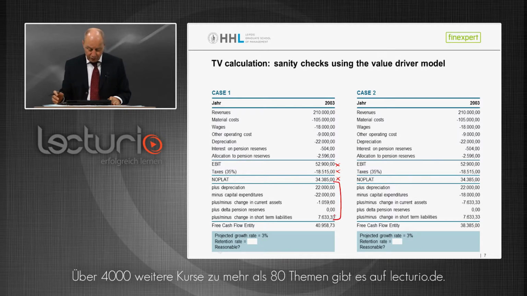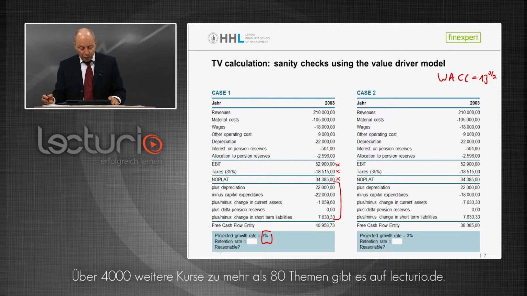You see that this is the way from NOPLAT to free cash flow. And the idea is that our valuation report tells us that we have a growth rate of 3% to infinity. And now our sanity check is simply calculating the retention rate, combining it with the growth rate, and then double-checking whether our rate of return is greater than, equal to, or smaller than our WACC. And our WACC in this example is supposed to be 13%.